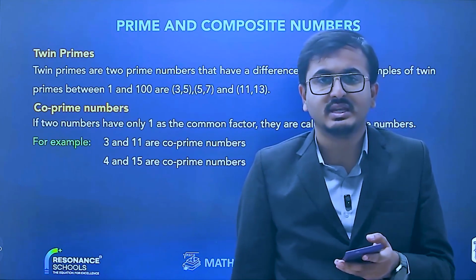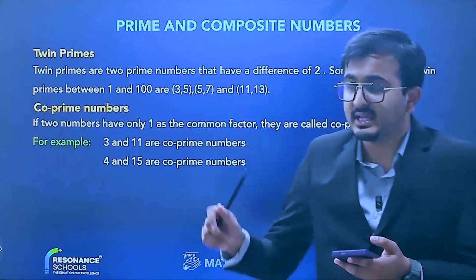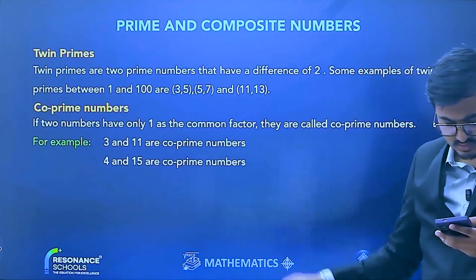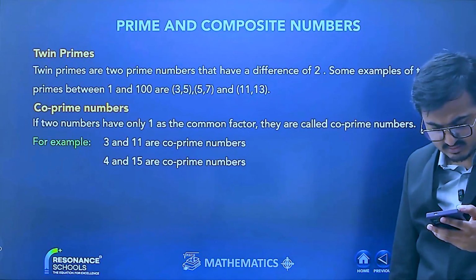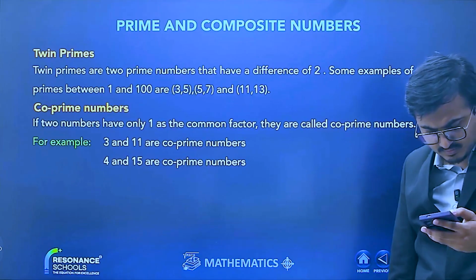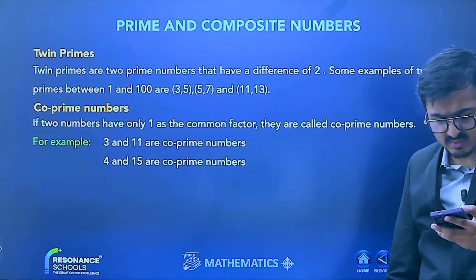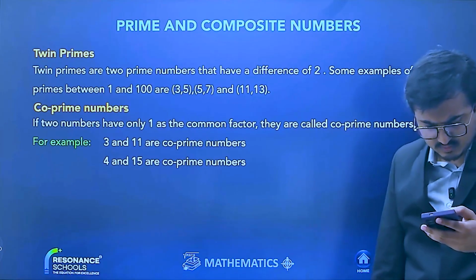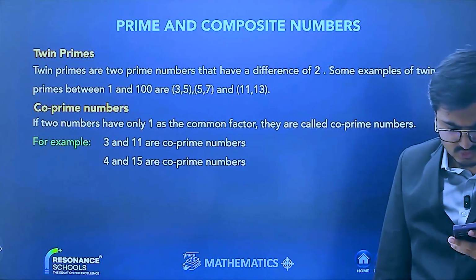Twin prime, both the numbers have to be prime with a difference of 2. Read the definition. Cutting is equal to cancellation. Correct. Did I make a mistake? Where did I make the mistake? I don't know what the chop method is.